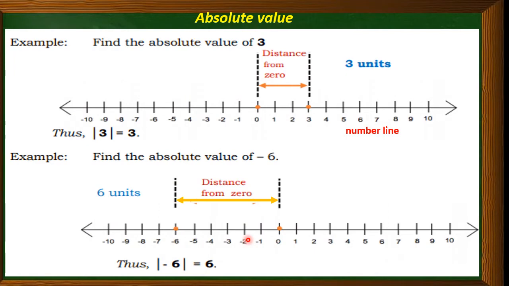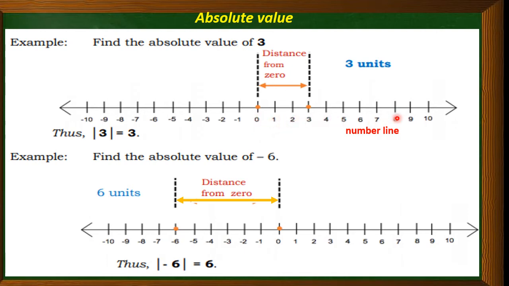To emphasize further the concept of absolute value, let me illustrate it on a number line. Okay, this is what we call a number line. It consists of numbers. We have here 0, the center.